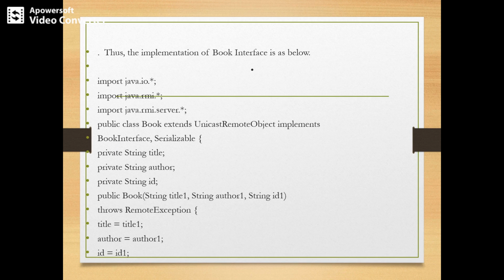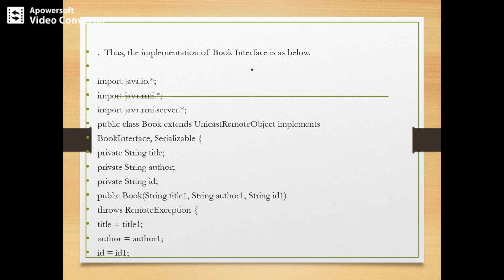Okay, so the implementation of the book interface is as below. This is the library class example we had taken. Import java.io, import java.rmi so that we declare remote method invocation, and import java.rmi.server.